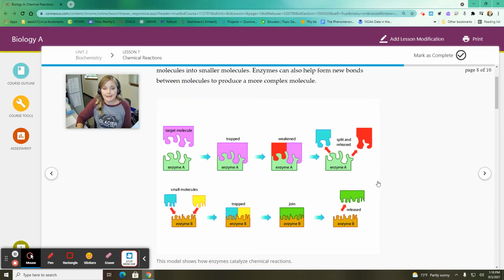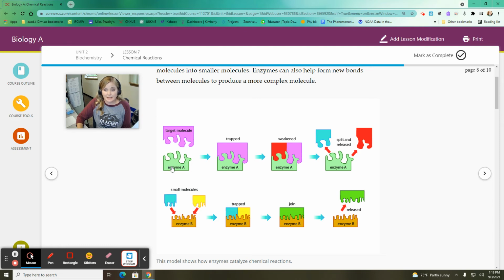We use the lock and key model to understand enzymes. They can either join things together or split things apart depending on the type of reaction that we want to have happen. So in this first model, we see an enzyme, this is the protein, and this is the target molecule in pink. They are specially designed to fit together like a lock and a key.